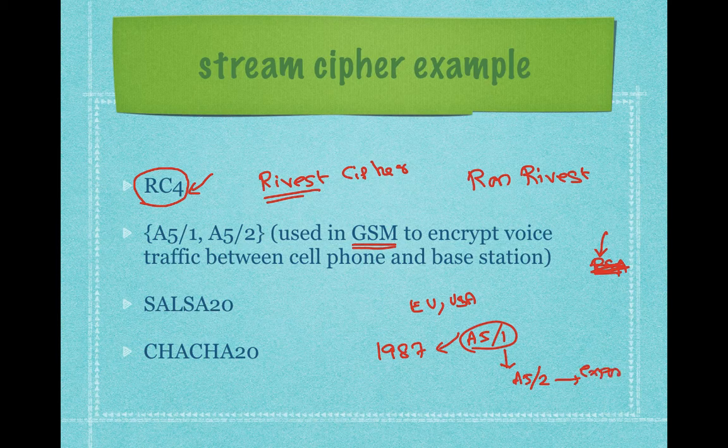So for any country outside Europe or the USA, they would provide a weaker algorithm so that, if they needed, they could break it. Unfortunately, nowadays both are weak and no longer secure. For example, there is always a saying that the NSA can decrypt A5/1 voice traffic. NSA is the National Security Agency in America.